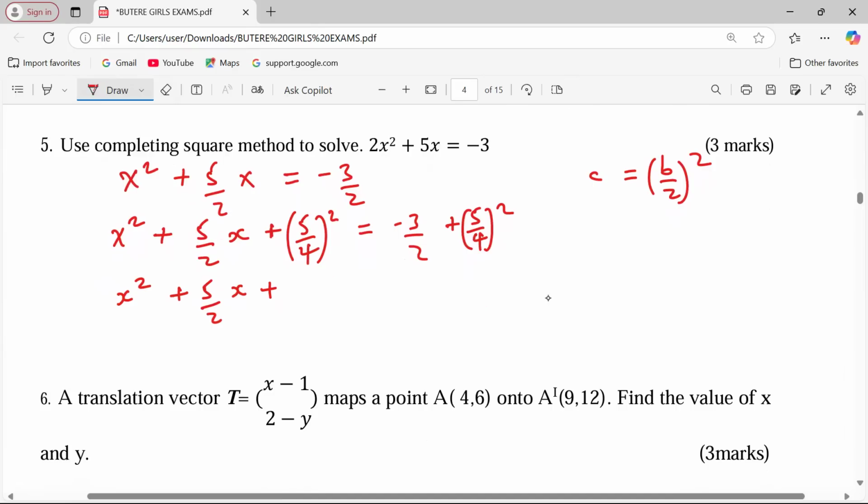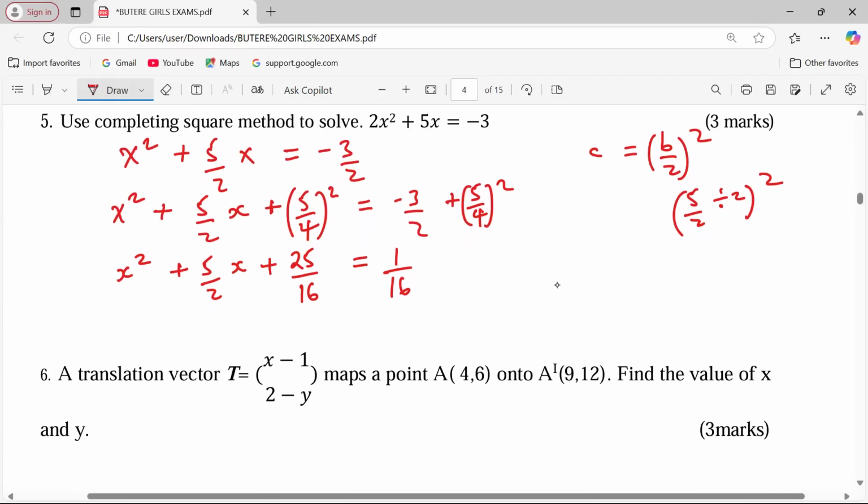So 5 over 2 divided by 2 becomes 5 over 4. Then now we square, so this will be 25 out of 16. We can add the right-hand side, -3 over 2, then plus 25 over 16. I'm getting 1 over 16.